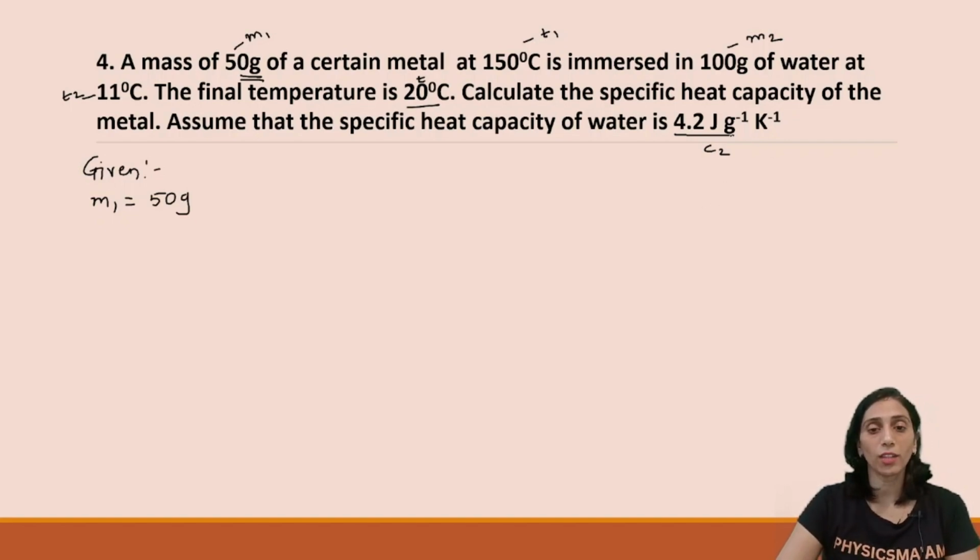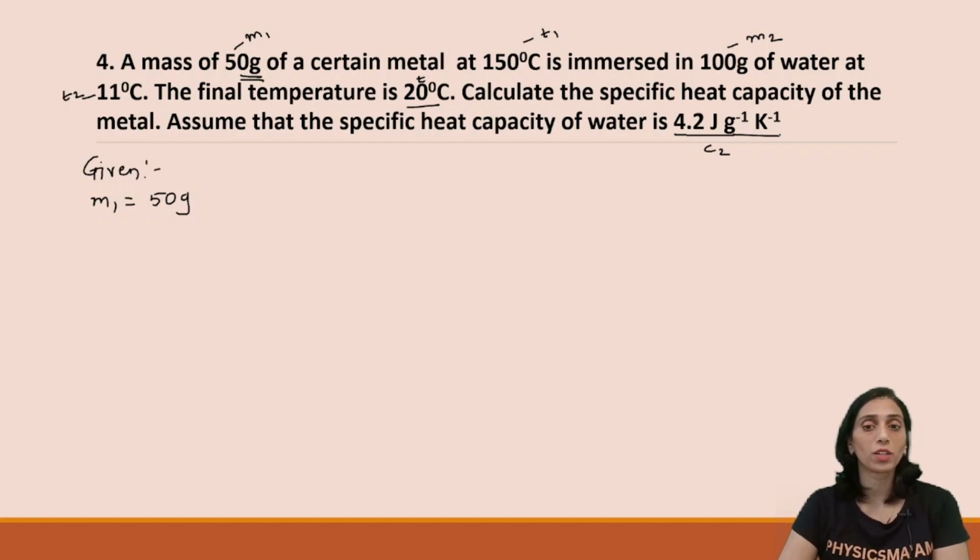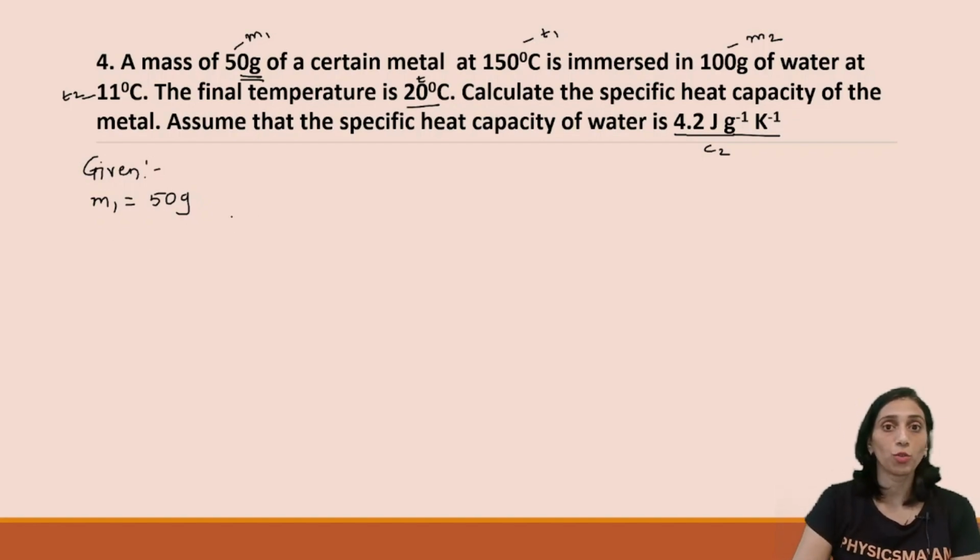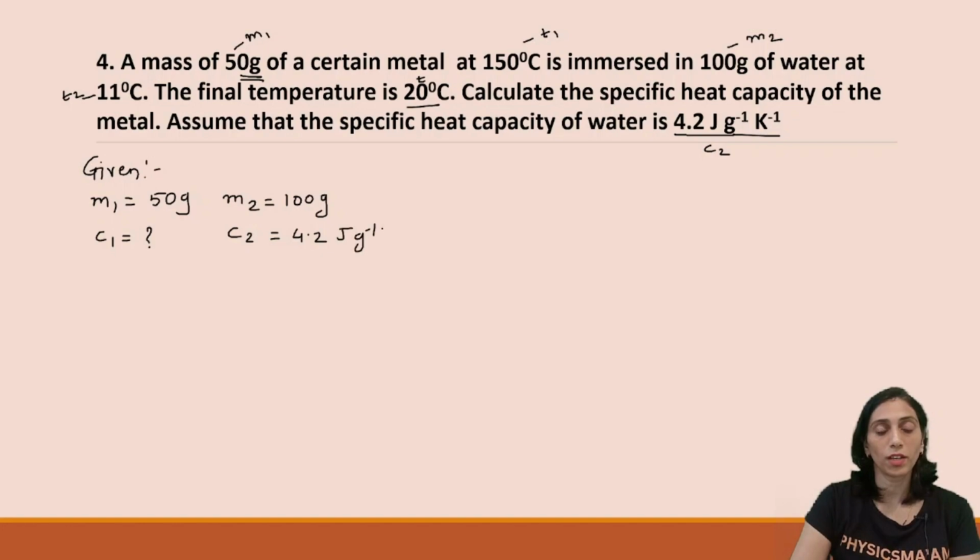Mass gram में है तो आपका जो specific heat capacity that is also in joule per gram per Kelvin, right? So we don't have to change anything. We use the values as it is. So M1 हो गया 50 gram, M2 is 100 grams. Then C1 is something which we need to find out. Then what is the value of C2? C2 is given as 4.2 joule per gram per Kelvin, right?